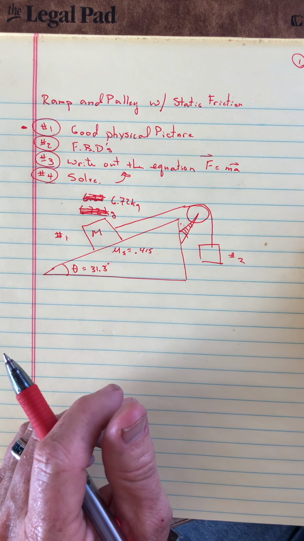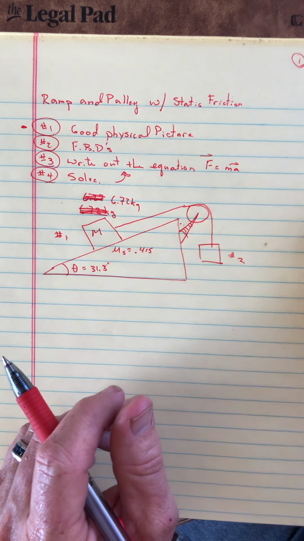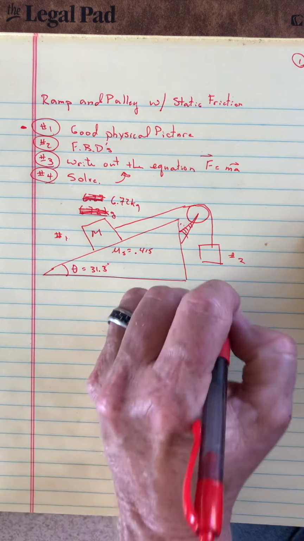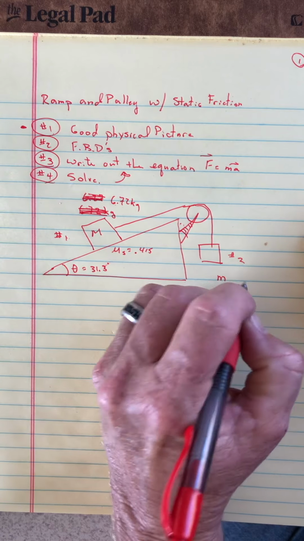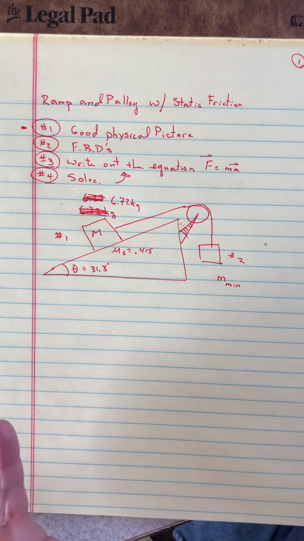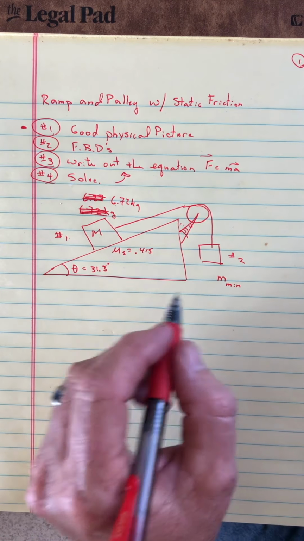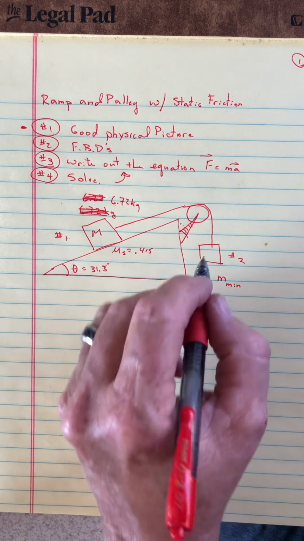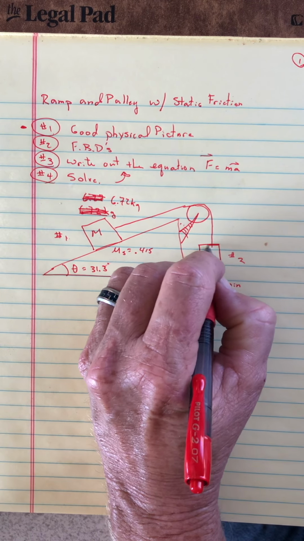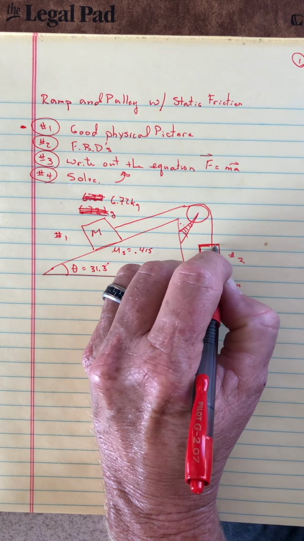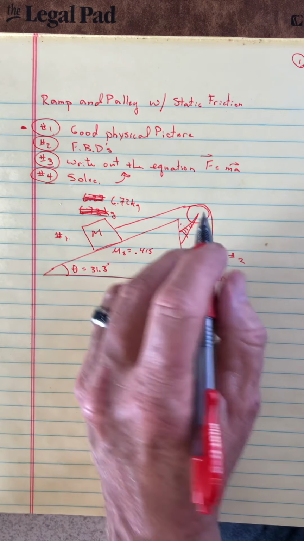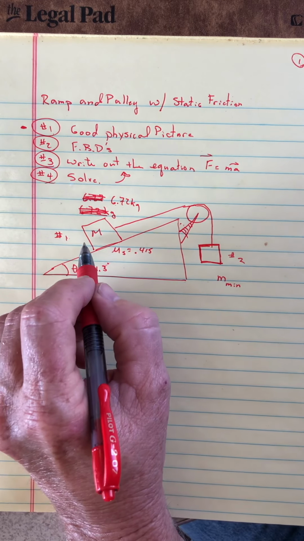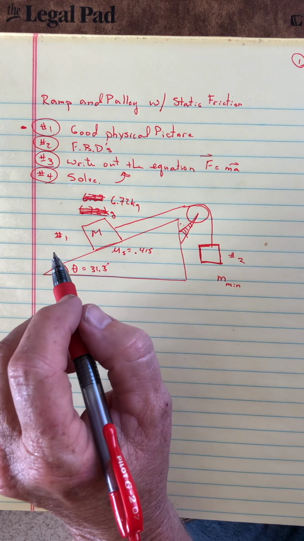The minimum mass that block number 2 can have without the blocks moving is M sub minimum. Now let me pause right there. I hope you're seeing here that if block number 1 is too much, oh sorry, minimum, too little, then this block here ends up pulling it down the hill.